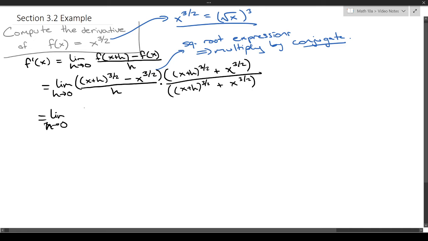So multiply those together, that just gives you x plus h cubed. Then we have plus x to the 3/2 times x plus h to the 3/2. And then we have minus x to the 3/2 x plus h to the 3/2.